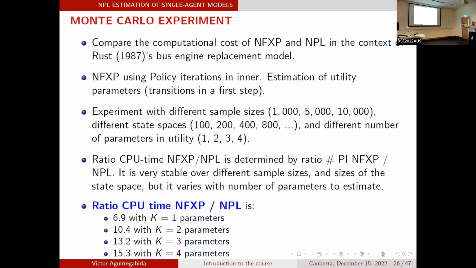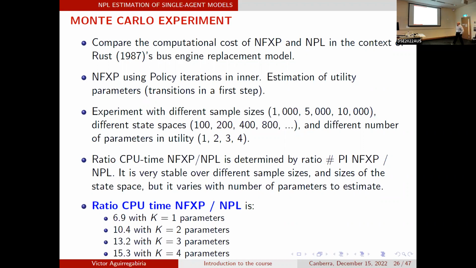We also consider versions of John's model where he considered richer parametric specifications of the utility function, of the maintenance cost. We consider versions with 1 parameter, 2 parameters, 3 and 4 parameters. All the time, we are assuming that the researcher knows the discount factor beta.